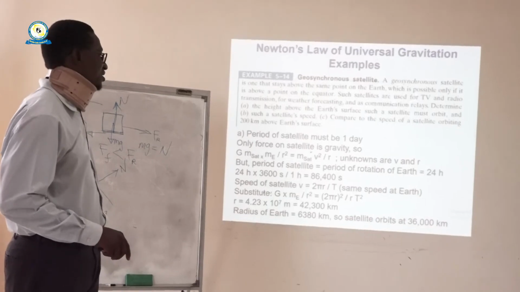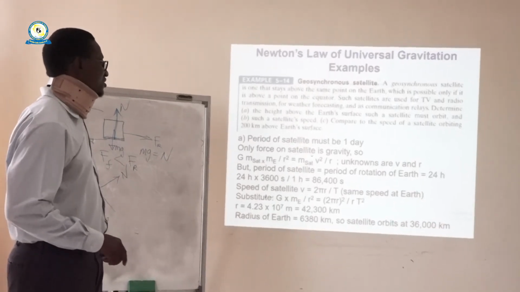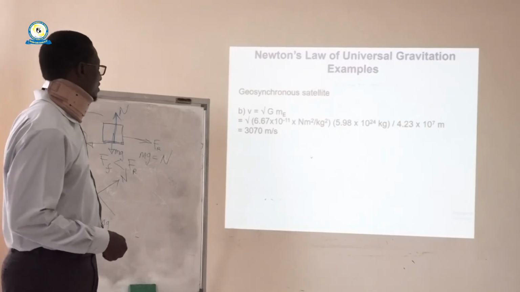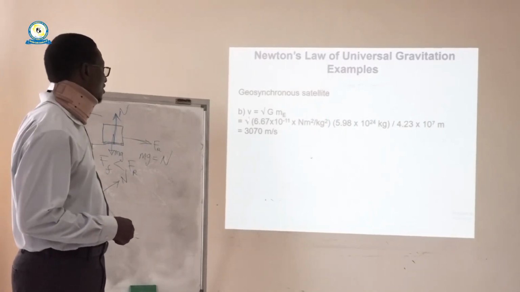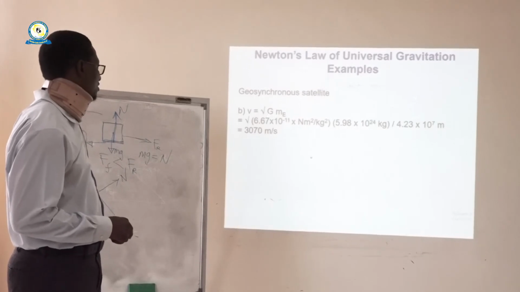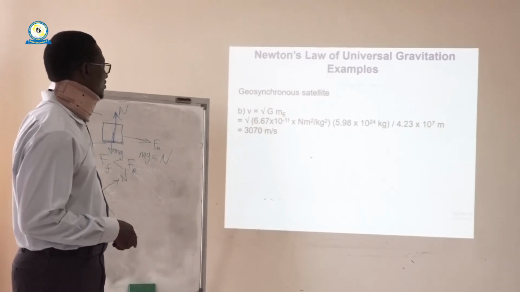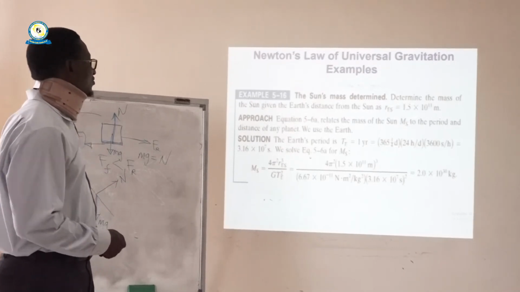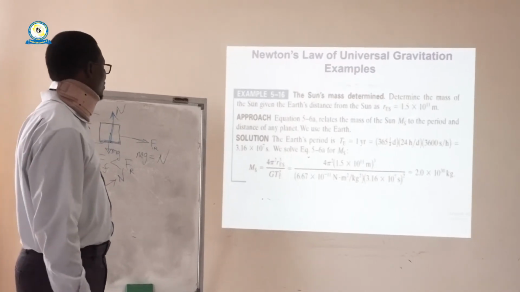So the satellite orbits at this distance. And also, if you substitute again, you can get V. Next, the Sun's mass: determine the mass of the Sun.